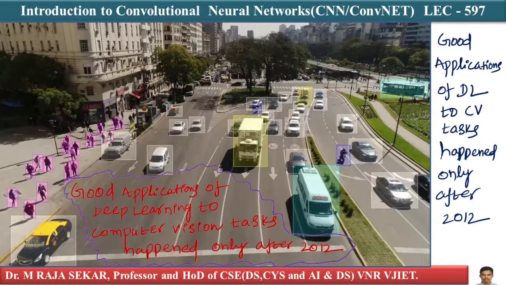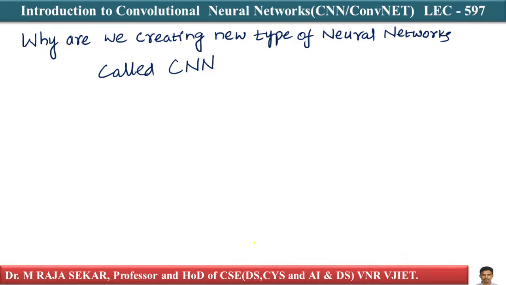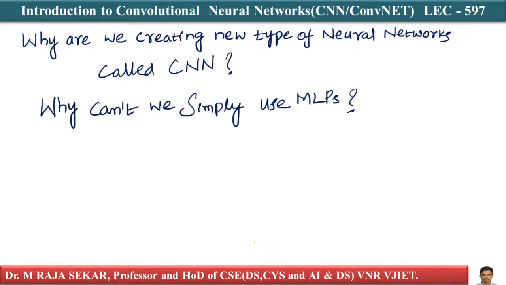A lot of phenomenal work has happened in the last 10 years at the intersection of deep learning and computer vision. Of course, some of the core technologies in ConvNets were created much earlier than 2012. We will come to that, but the most important thing is, why are we creating a new type of neural network called convolutional neural networks, and why can't we simply use multi-layer perceptrons?